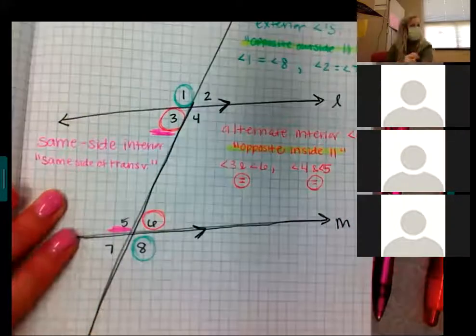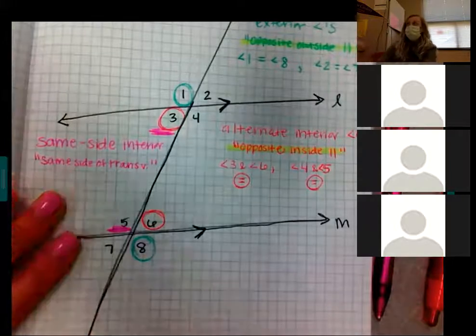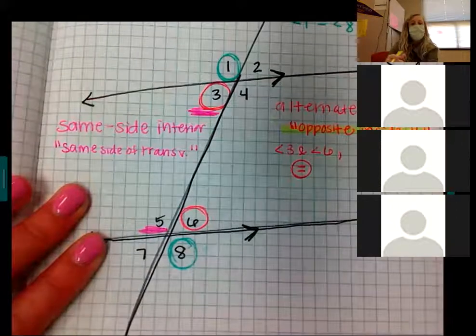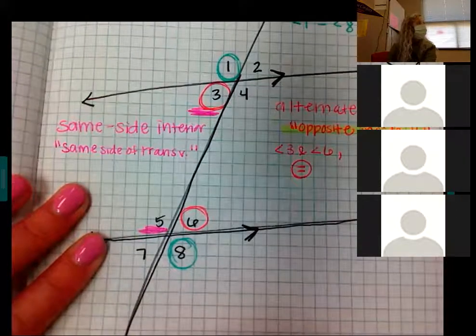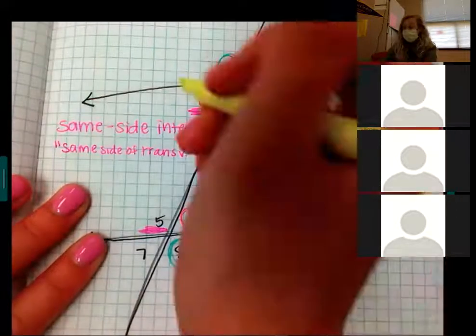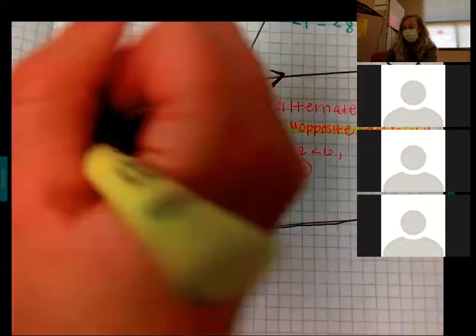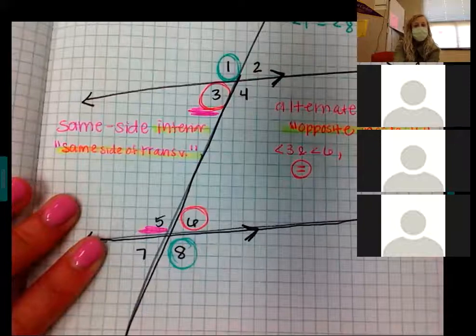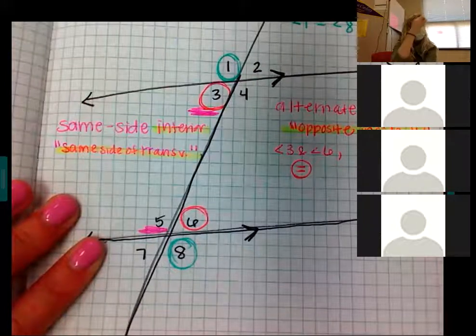Are y'all okay with me abbreviating? Okay, I wrote it small, so let me zoom in so you can see it. They're on the same side of the transversal, but they're still on the inside because it says interior. Good. So they're on the inside and they're on the same side of the transversal, and I underlined 3 and 5 with that color.